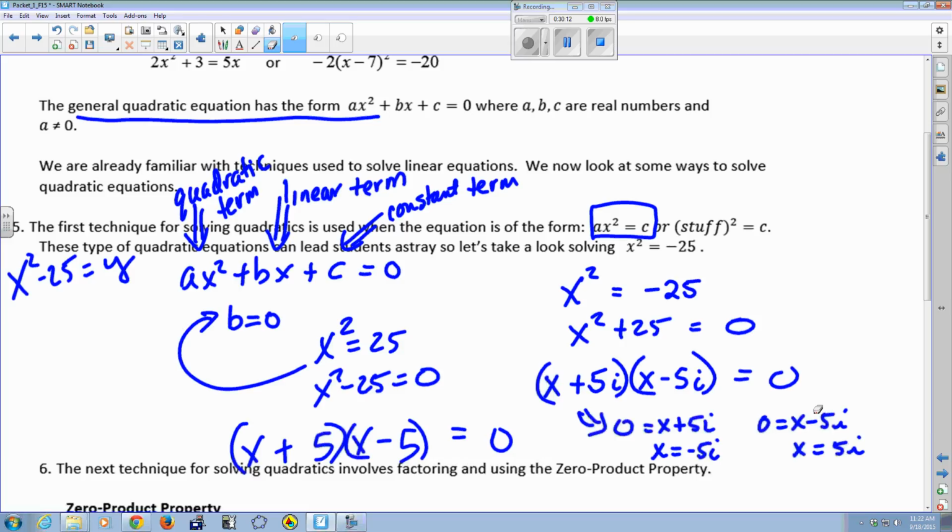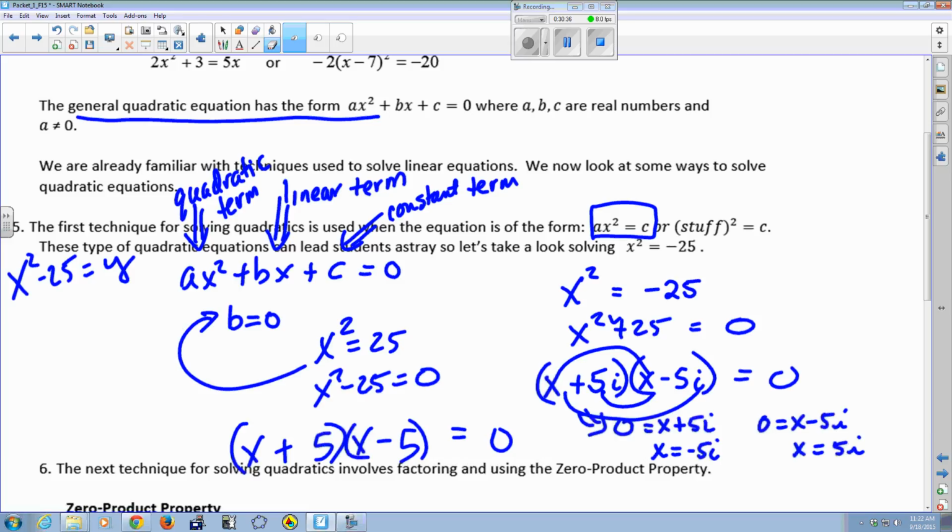So you say, wait a minute, Linda, I'm not sure I believe you that I can factor that. So how do you check it? You use your distributive property twice, which some of you know is FOIL, but it's just using your distributive property. X times x, x squared. Your inner term is 5ix. Your outer term is negative 5ix.